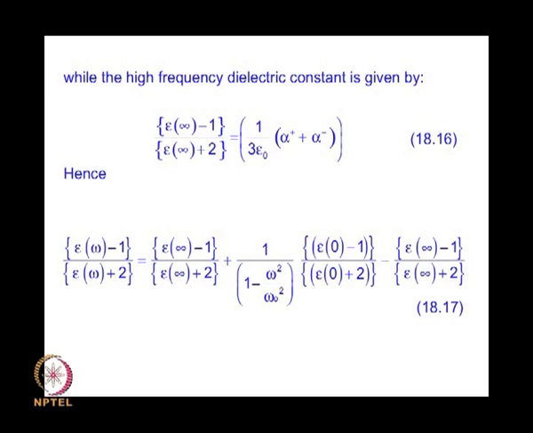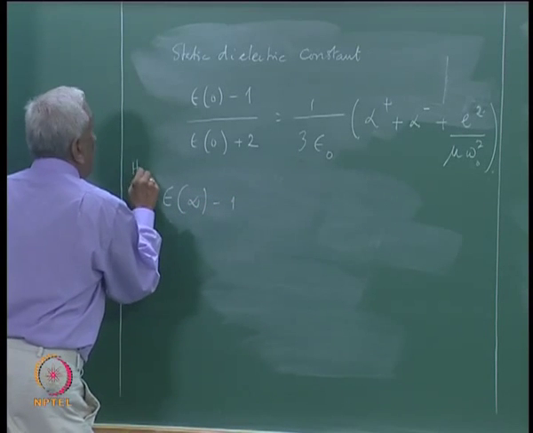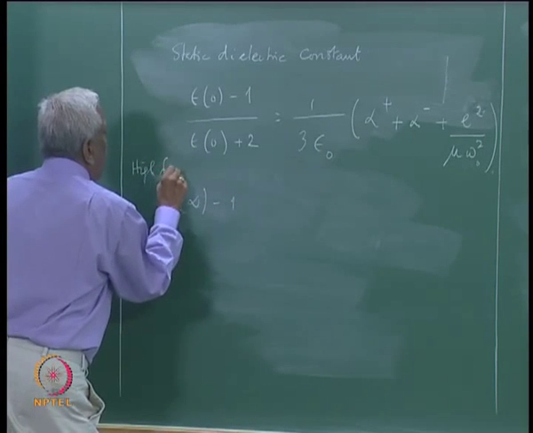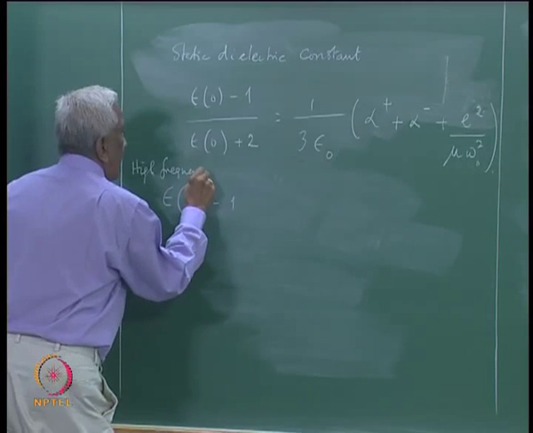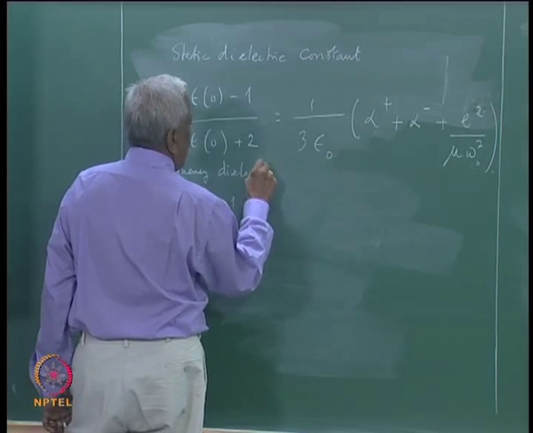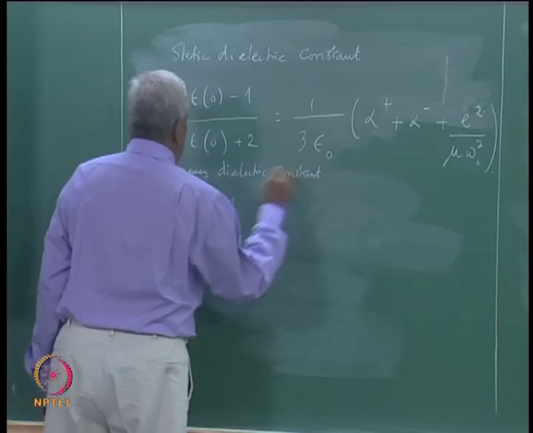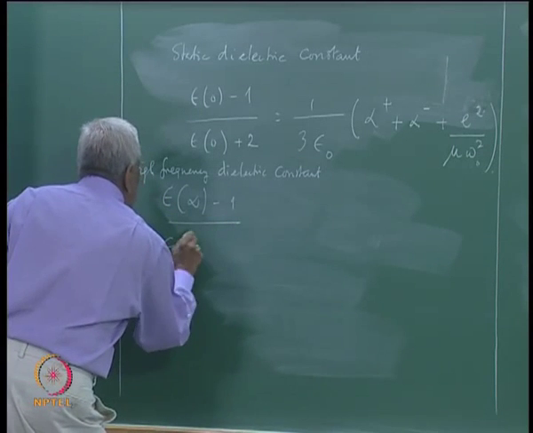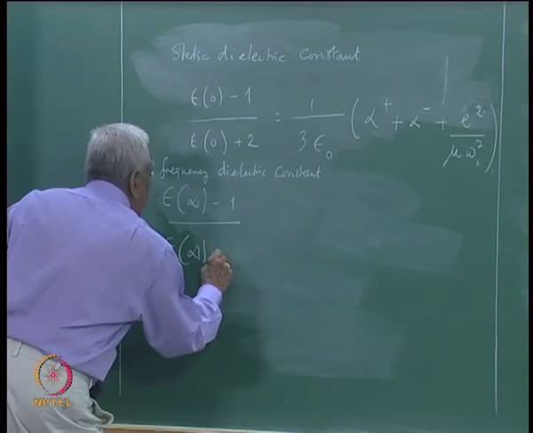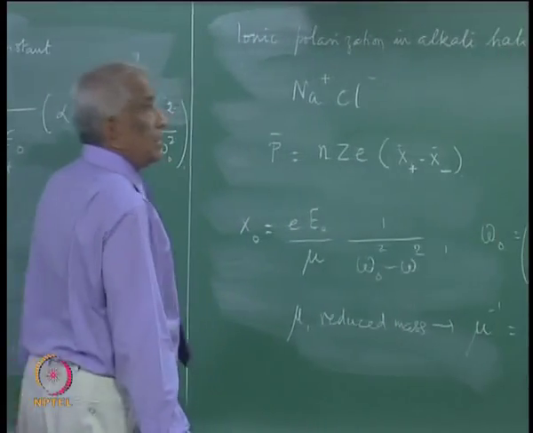whereas the high frequency dielectric constant, which we write as epsilon infinity minus 1, is got in the same way by setting omega equal to infinity there.